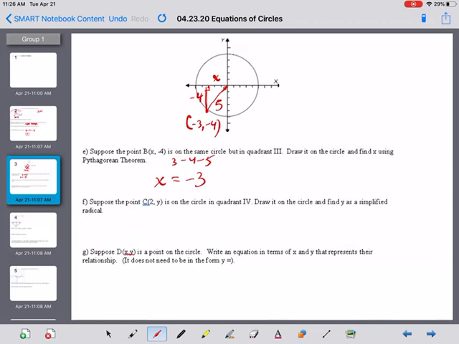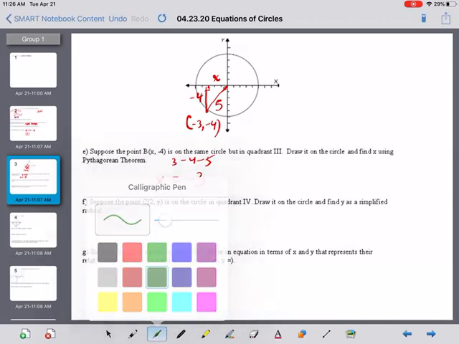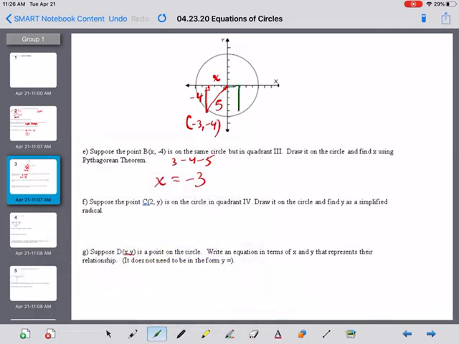Suppose the point (2, y) is on the circle in quadrant 4. We draw the triangle as we've been doing: 2, y, and 5. The radius is always 5. Now that's not a special triangle, so you're going to use the Pythagorean theorem. 4 plus y squared equals 25.